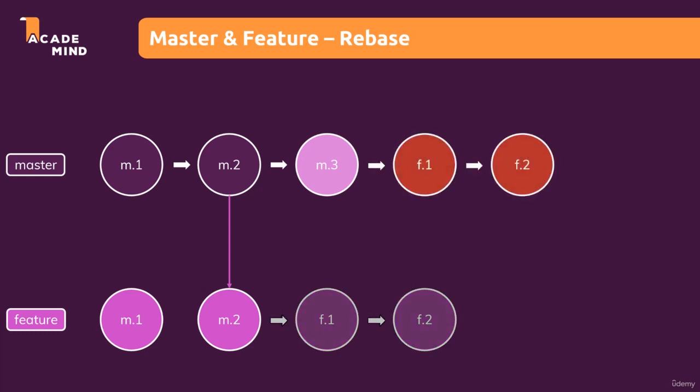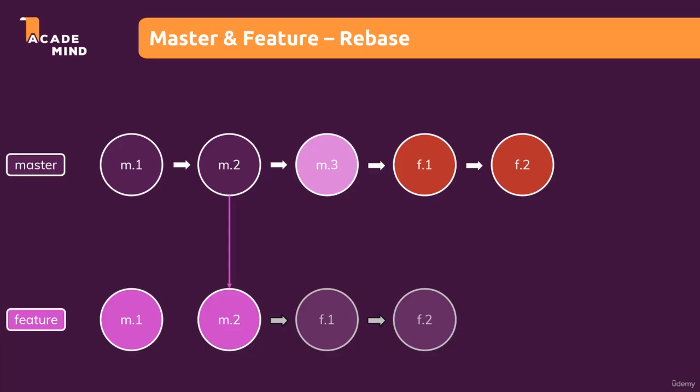We can add basically these commits we created in the feature branch to this updated master branch. So typically we started with the second commit of the master branch in the feature branch, but now we added it to the third commit we created in the master branch. This would actually result in a fast forward merge in the end. And with that, we would avoid an additional merge commit.